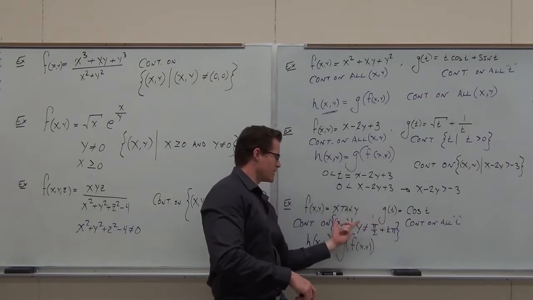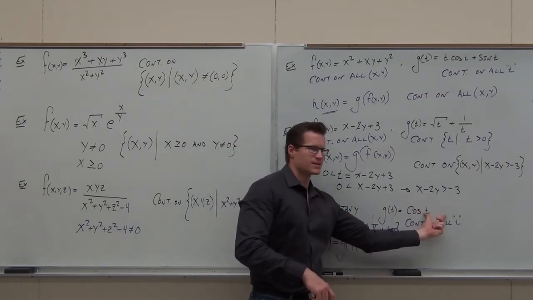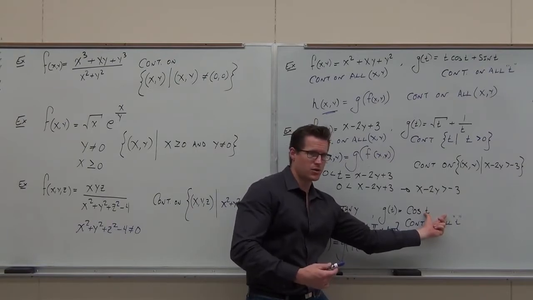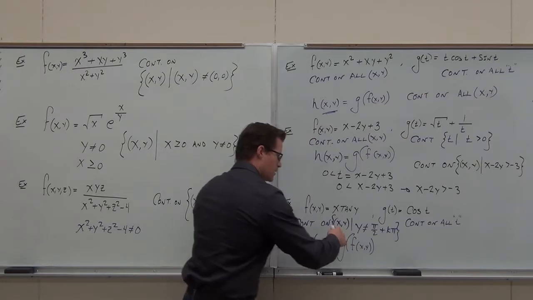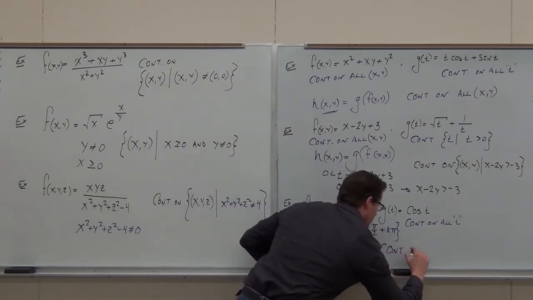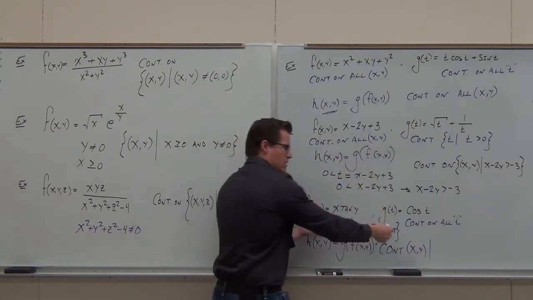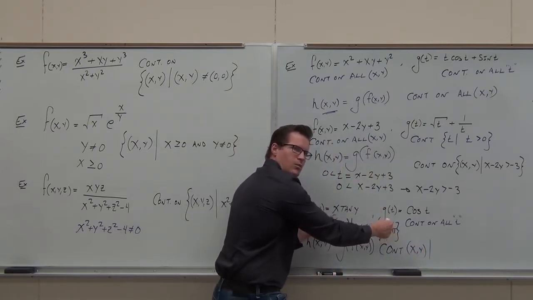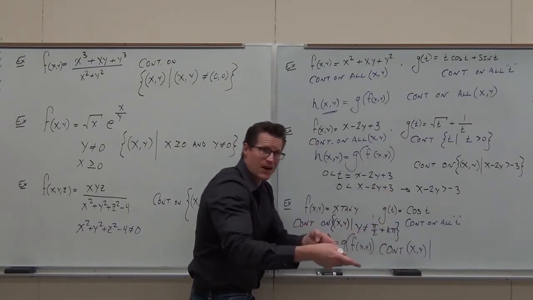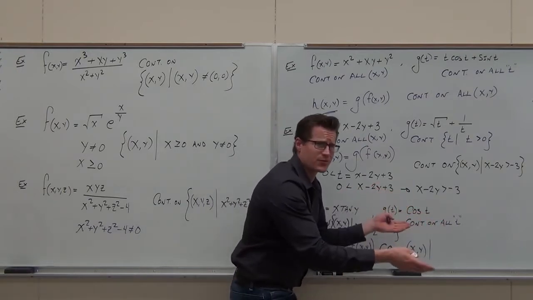If I'm taking this whole thing and substituting this in for t, this doesn't add any more problems. You're going to have continuity basically in the same region you had. This was the only problem there. It was already in terms of x's and y's, so it's going to be this exact same set of points. Does that make sense to you? The cosine's continuous everywhere. It's not making a difference for us.